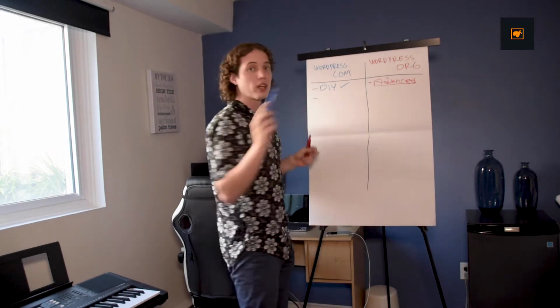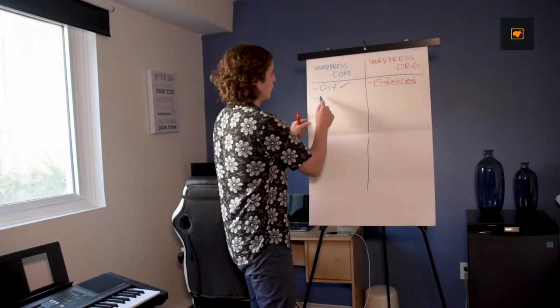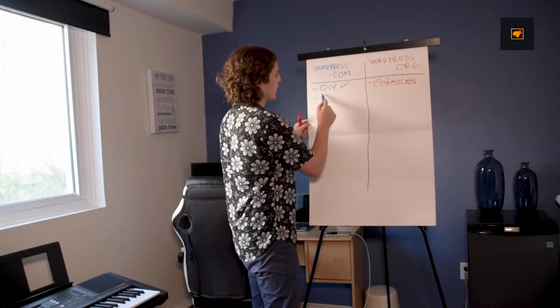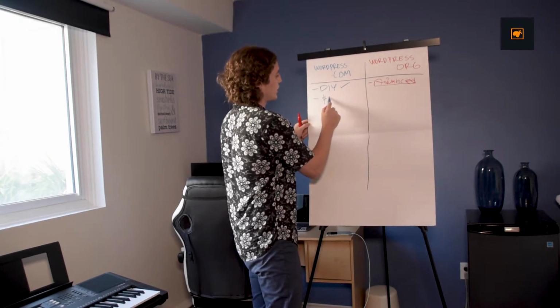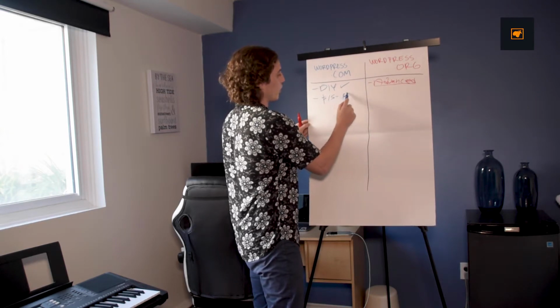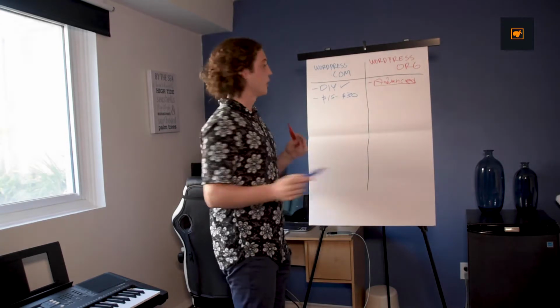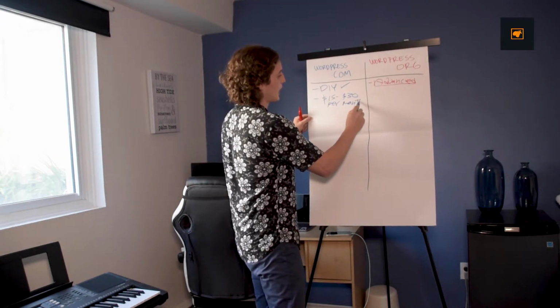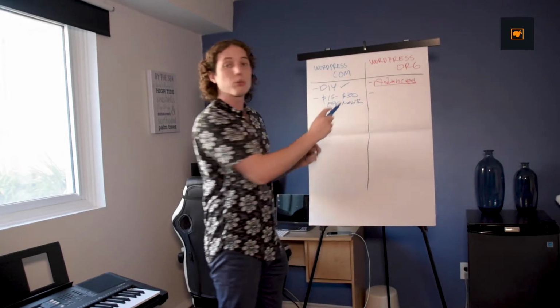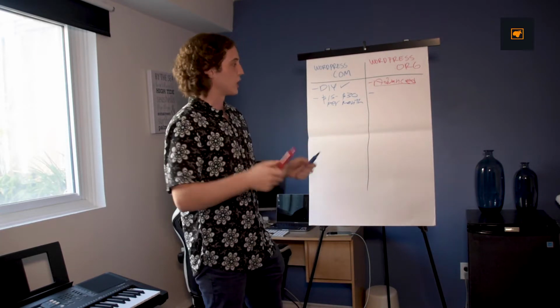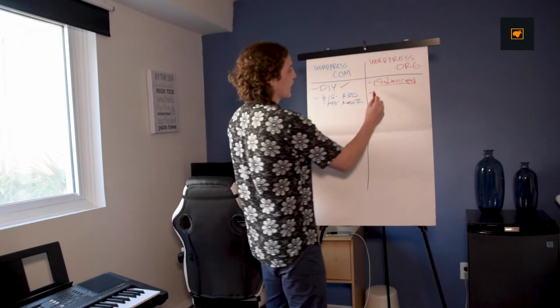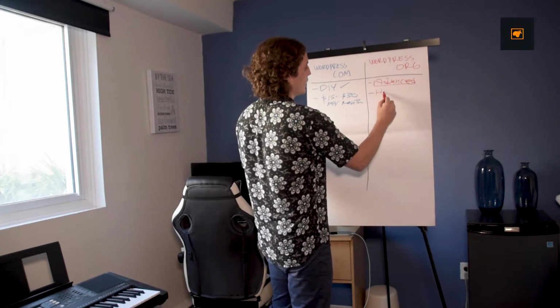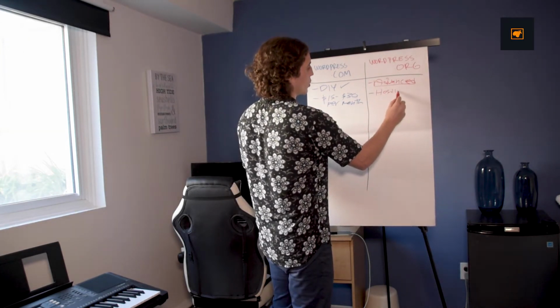Next, the price point is a little different. On the WordPress.com side, it's going to be about $15 to $30 per month. So that's every month you're paying that. On the other hand, WordPress.org is going to be a little different. You're going to have to pay for your hosting and your domain name.